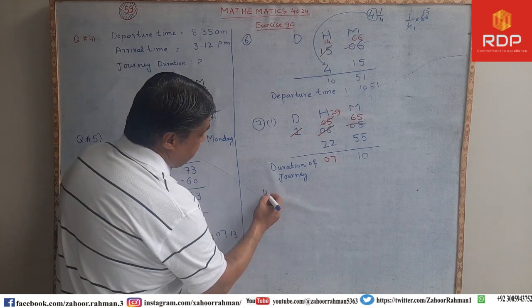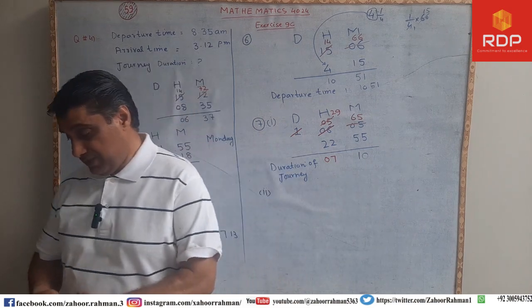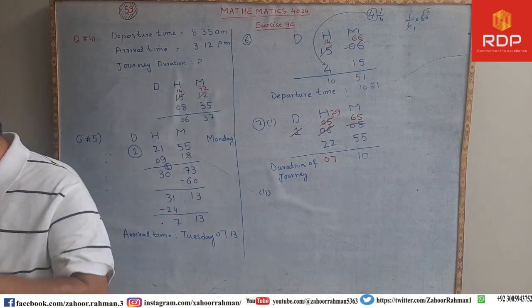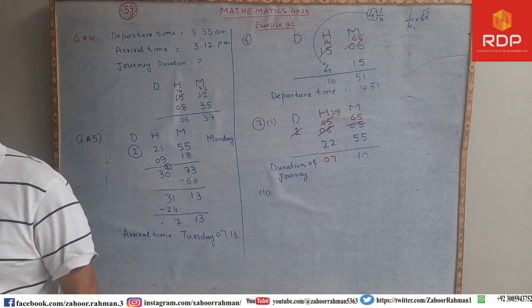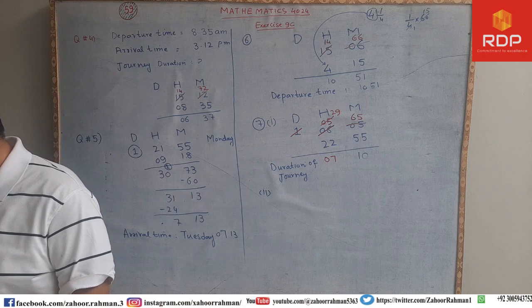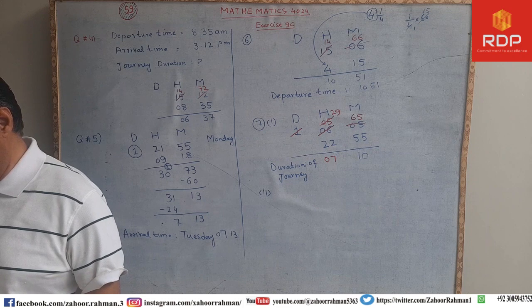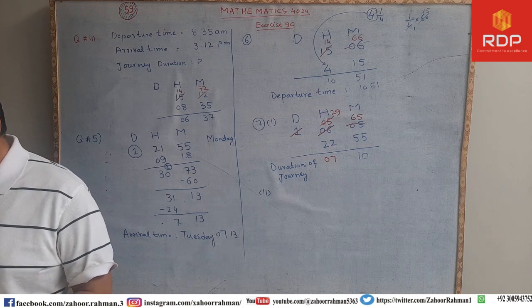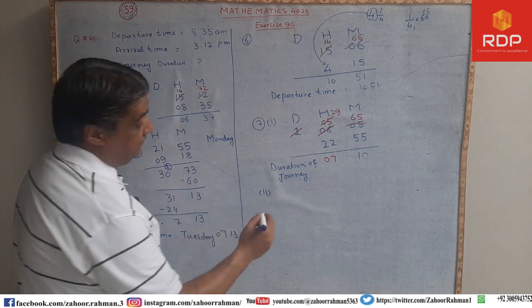Now, the second part is an interesting one. The second part is saying the time when the coach reached its destination, given that it reached 35 minutes before the schedule. What was the schedule time? That was 0605.